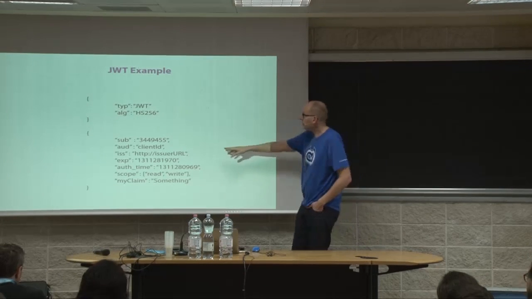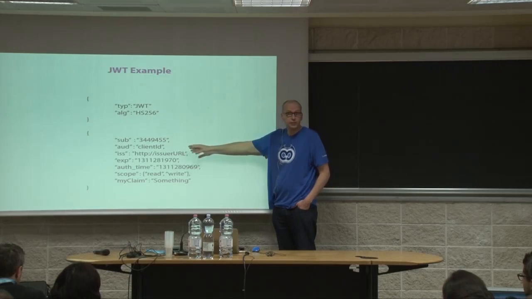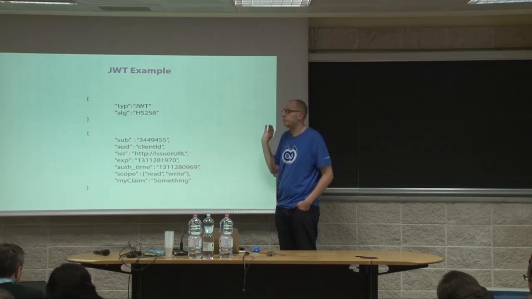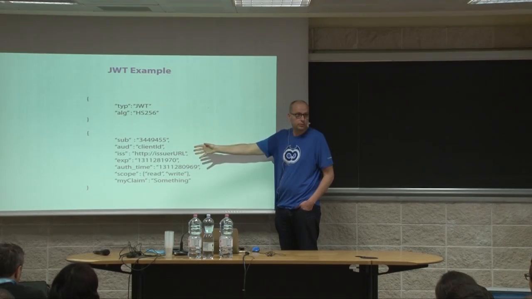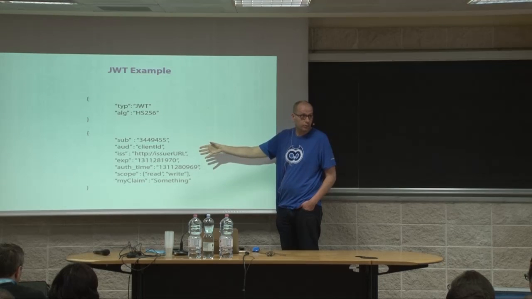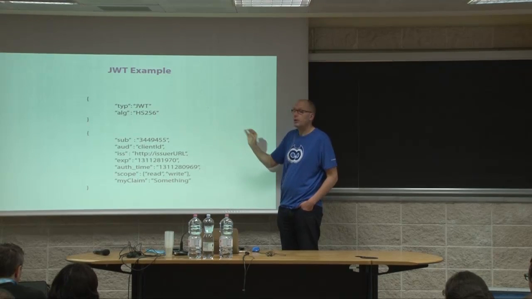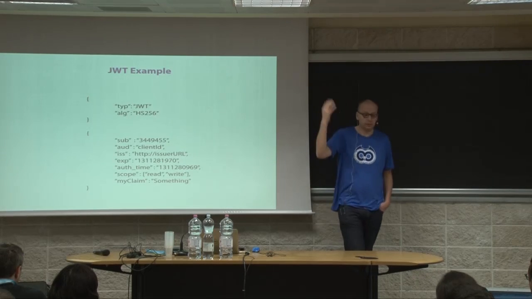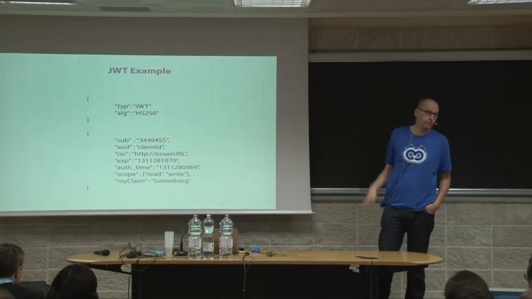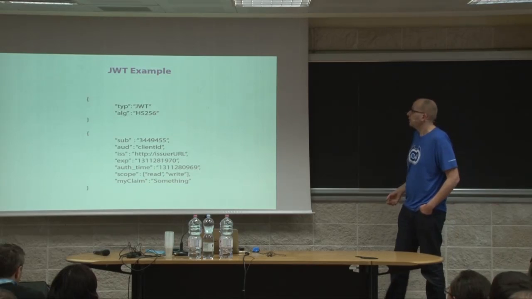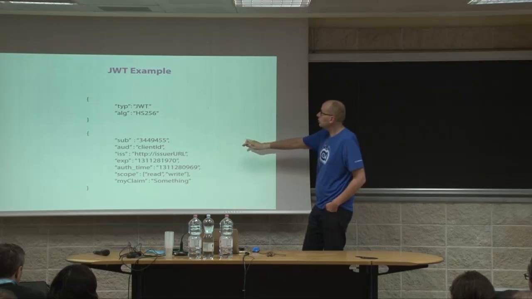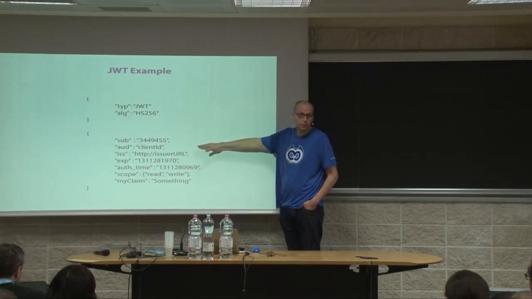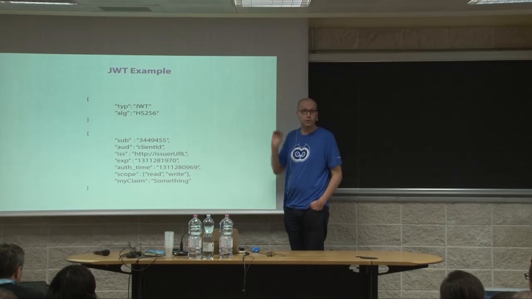There's an audience, and the audience is the client. When you ask for a token from an authorization server, you have to provide which client you are, a client ID. I'm client iOS app, for example. And that client ID is also available in the token. So the resource server knows what client is accessing it.